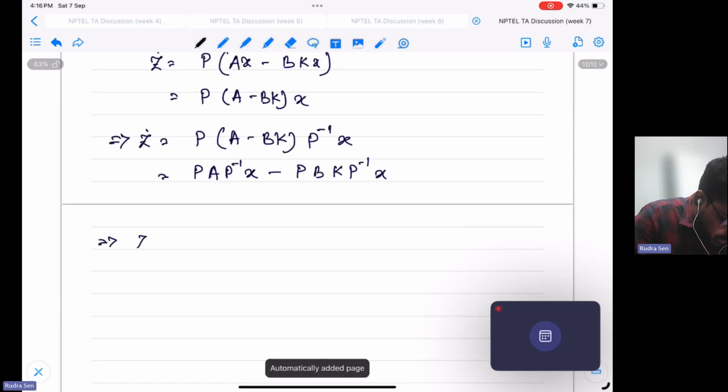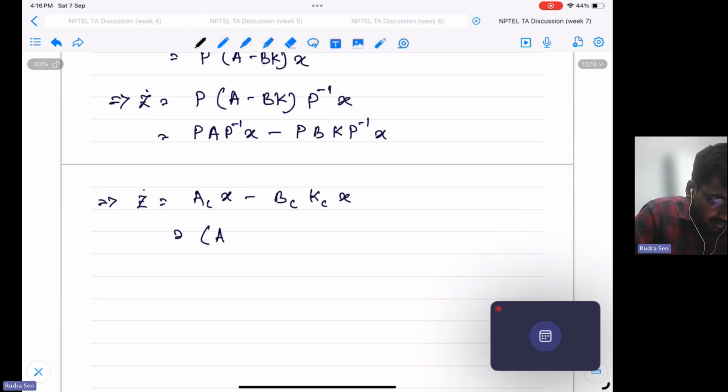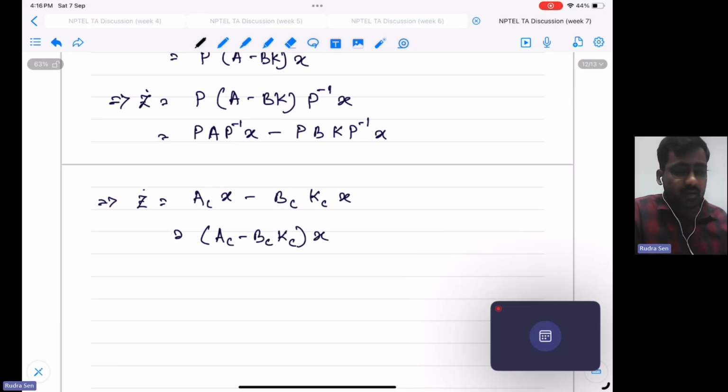So this is z dot equals, let's say, Ac x minus Bc Kc x. So this is basically your (Ac minus Bc Kc) into x. So this is your system.